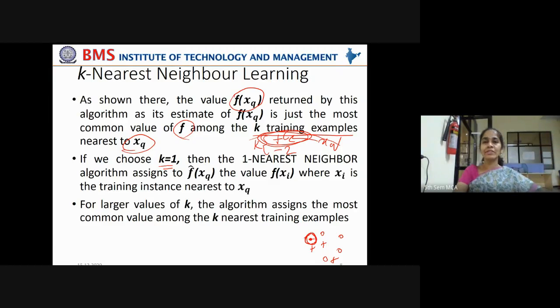Consider this as the new instance. This has to be classified either into circle class or plus class. In this case, if you take the similarity to be just equal to one nearest neighbor, then this is nearest to this plus, right? Immediately that will be assigned to the plus class because our criteria is to compare with only one neighbor with which it is nearest. Here it is nearest to positive class. So we automatically assign it to positive class.